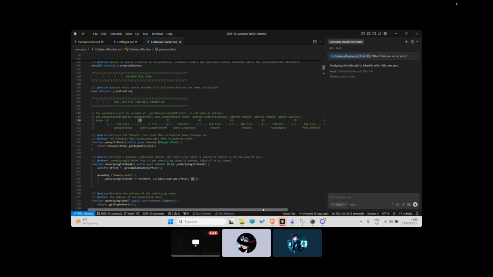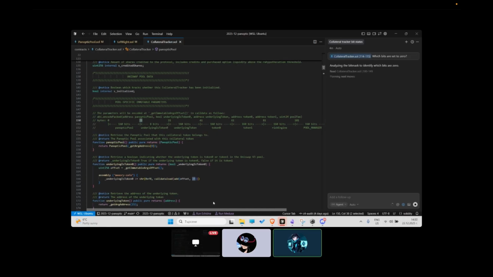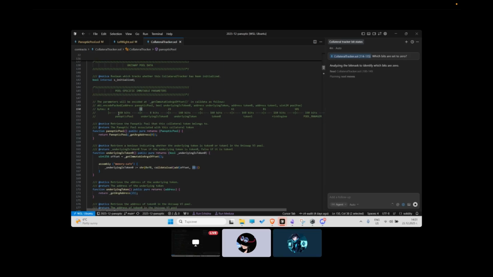So they load this offset with 20, this calldataload. Do you understand this? These are the bytes. It's how they store the immutable args trickery.